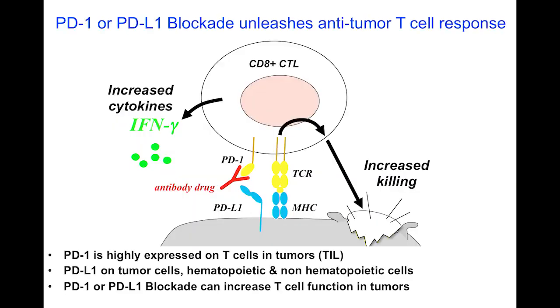So in the setting of cancer then, we have these CD8 cells that highly express PD-1 and they're dysfunctional. PD-L1 can be expressed on the tumor cell, on antigen-presenting cells in the tumor microenvironment, as well as endothelial cells and other stromal cells. And the antibody drugs that have been developed, antibodies to PD-1 or PD-L1, block this inhibitory signal by blocking this interaction and can unleash a potent anti-tumor immune response, leading to increased cytokine production by these cells, such as interferon gamma, as well as increased killing.